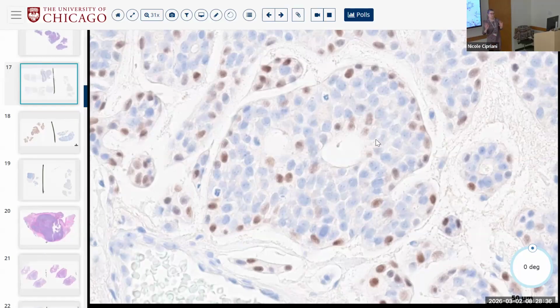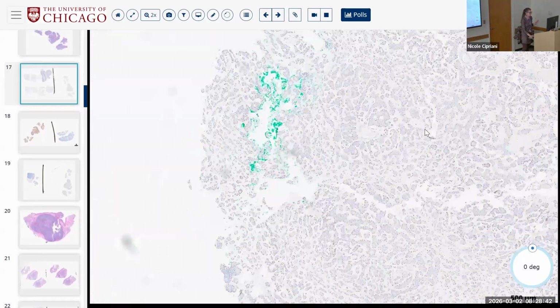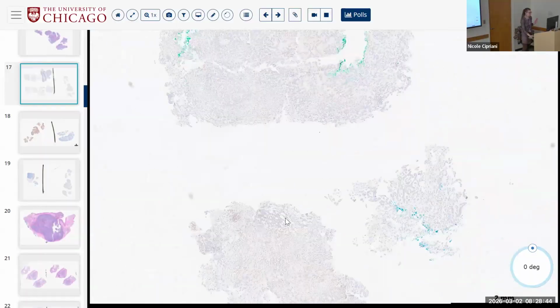So it's basement membrane in all directions. That's beautiful biphasic cribriform. So at least you know it's biphasic.